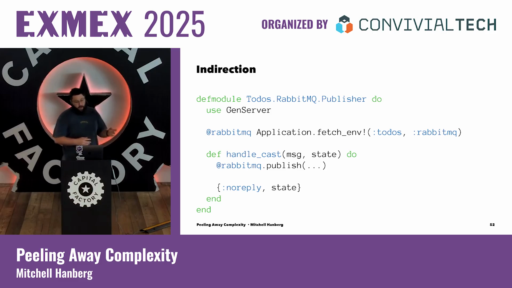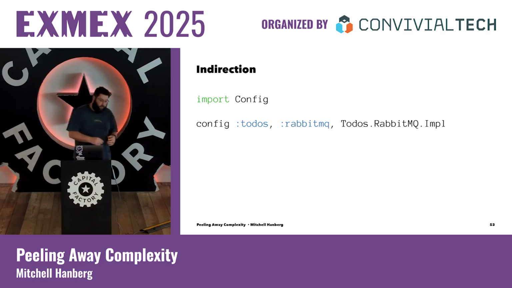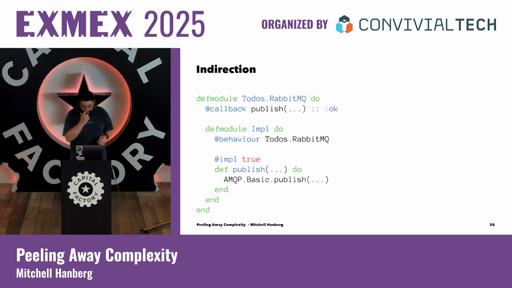At the top, we see our module attribute that's fetching, presumably, a module out of application configuration. So we jump into our application configuration. We're in prod.exs. We see there's a Todos.RabbitMQ.Impl module here, so we go looking for that module. We eventually find it, but it took a while. We searched for the word impl, and it showed up in a million places.